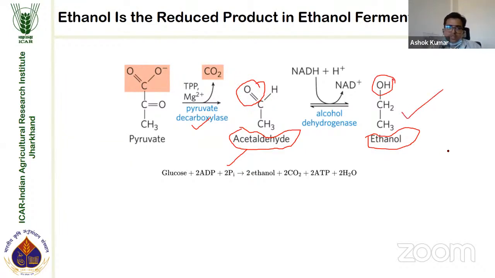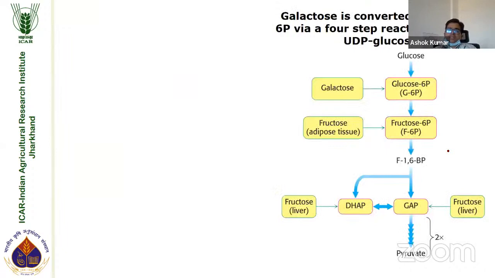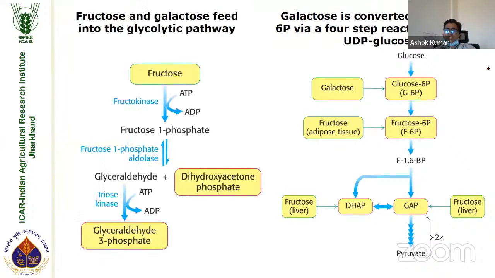Similarly, if you have other sugars, like fructose, fructokinase can convert it into fructose 1 phosphate, and this fructose 1 phosphate can easily be split into glyceraldehyde and dihydroxyacetone phosphate. Further, glyceraldehyde can be acted upon by glyceraldehyde kinase, and glyceraldehyde 3 phosphate will be produced.